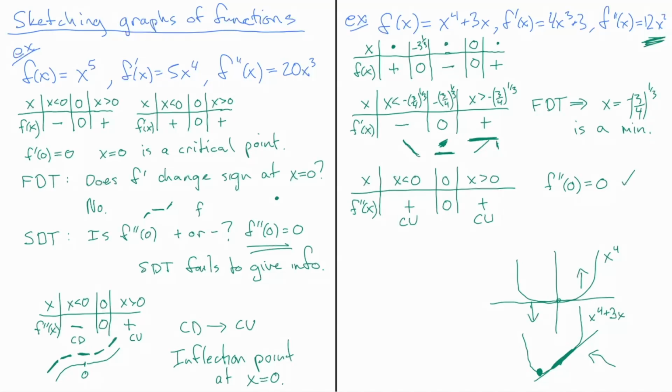And whenever you're looking for mins and maxes, you may find one, but maybe not. And so that's why we either have an inflection point that's concave down to concave up, or concave up to concave down, or concave down to concave up but all negative, or concave up to concave down.